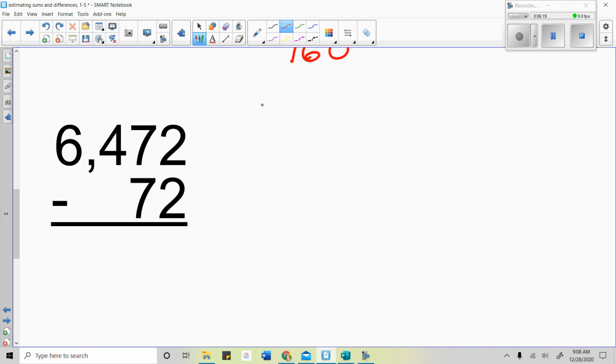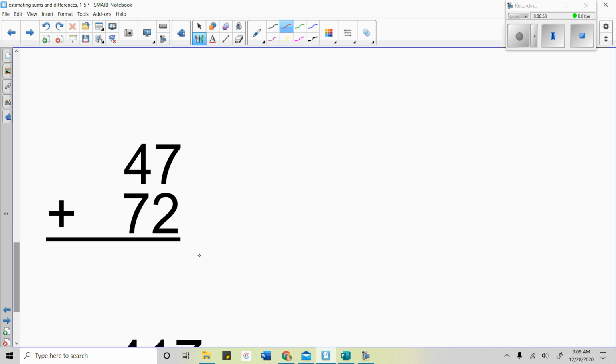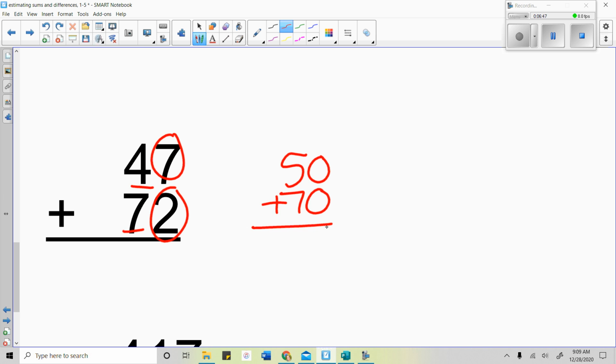Going to the next one, copy it down, solve the problem. You should have gotten 6,470, and the other number rounds to 70, and we are subtracting, and we would get 6,400. Next one. This would be 50 and 70, and together they make 120.